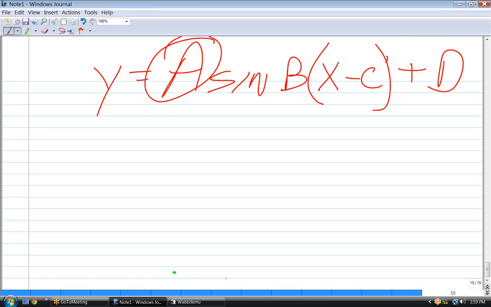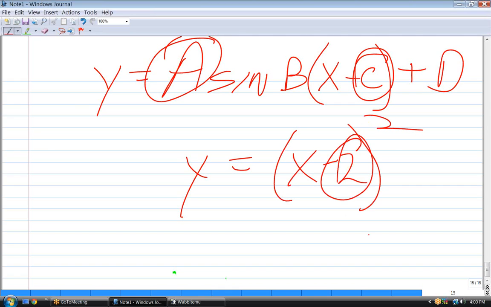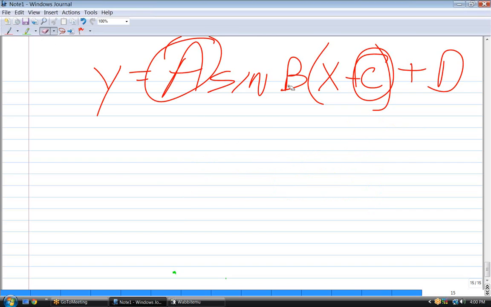C is a horizontal translation, just like if I had y equals x minus 2 squared. The 2 is a translation of 2 units to the right. Well, C is a translation of C units to the right. B is a horizontal compression or stretch factor, and D is a vertical shift, just like if I said y equals x squared plus 2.